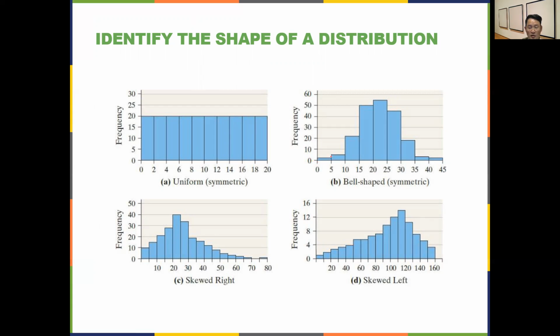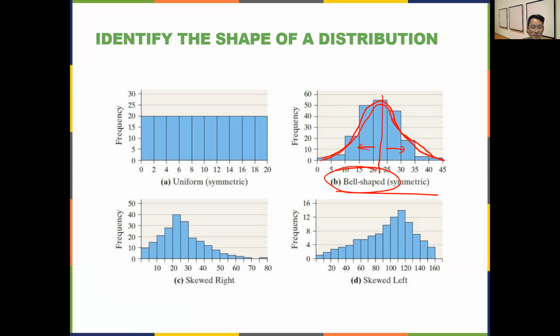Now, first, bell shape. Look at the shape. If I just draw a line roughly, it looks like this nice bell. From the middle, the left side and the right side are not necessarily identical, but similar enough. That's a bell-shaped graph, and that's a bell-shaped distribution.